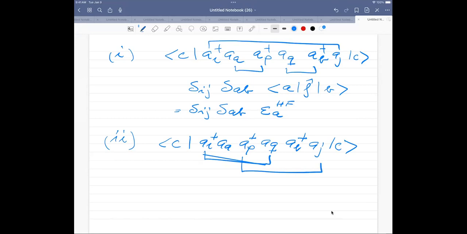So this gives rise to a minus sign because I have to interchange operators. And then I would have my a_a with a_b. So when I set up the interchanges, I get a minus sign. I have a δ_ab, and this is going to be given by ε_i Hartree-Fock. So these were the two first contributions with a one-body operator. And then after the break, we are going to do the two-body operator. And then we will get some explicit matrix elements which come in addition here.